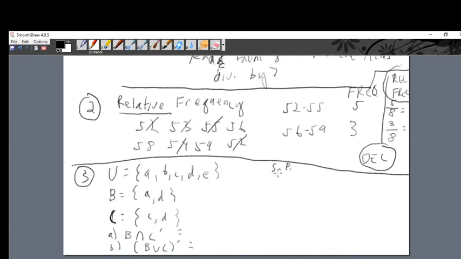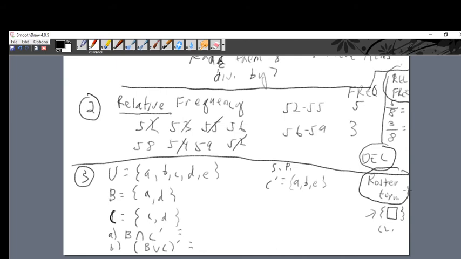Let's answer the first one. First find C prime. C prime is everything in the universal set but not set C, which is C and D. So it's going to be A, B, and E. By the way, whenever you see the vocabulary word roster form, that's what they mean. They want it in brackets. You click on this, and they want it in brackets.